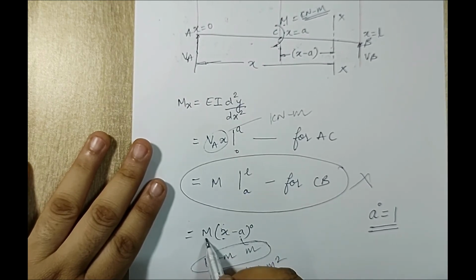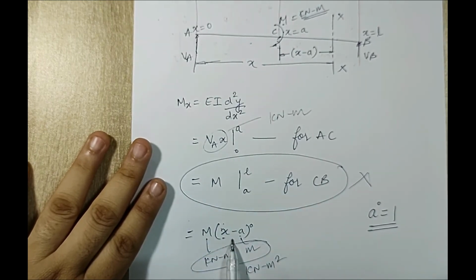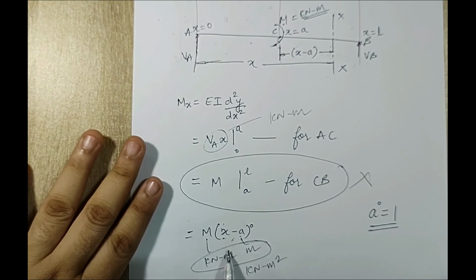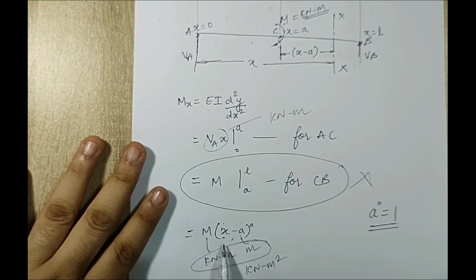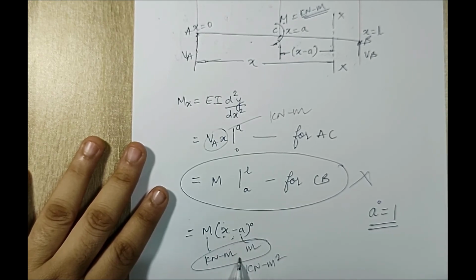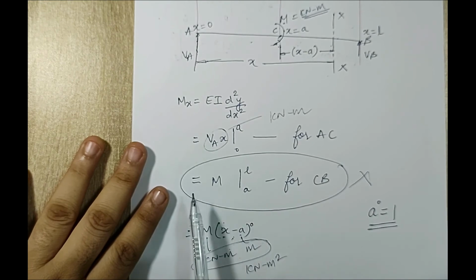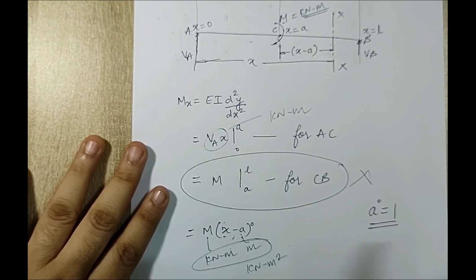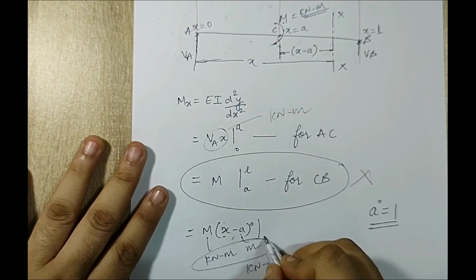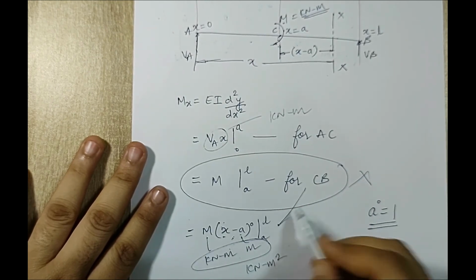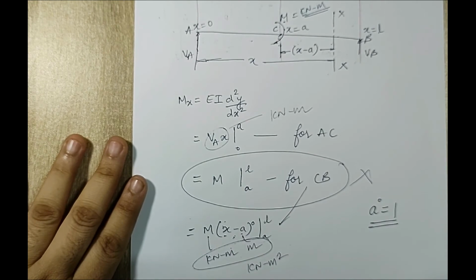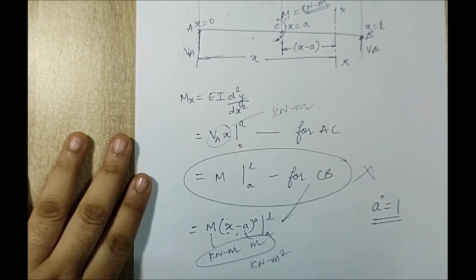You can observe that in the moment equation x minus A is introduced. When integrated in the slope equation, this will come into picture as x minus A, and in the final equation of deflection also it will be x minus A square by 2. But when I talk about the moment equation, x minus A raised to 0 is technically 1. So I'll write the domain as A to L, and this is for the portion C to B. So this is how you write the equation.